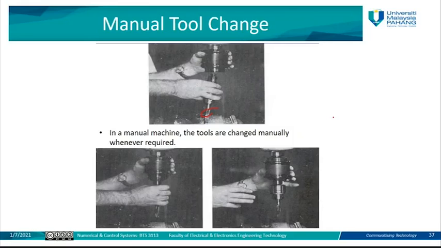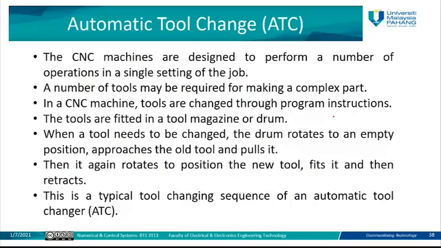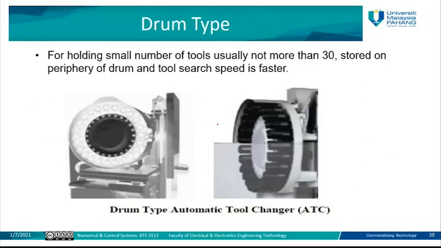But modern CNC machines can use the ATC, the automatic tool changer, to select the required tool based on the command or the block of coding in the G code. The automatic tool changer has different types.